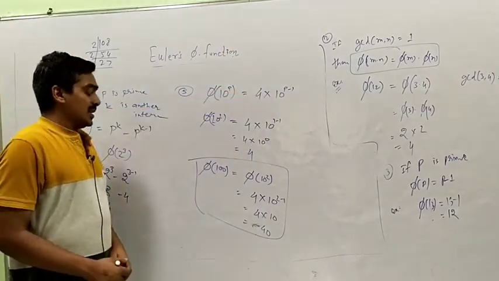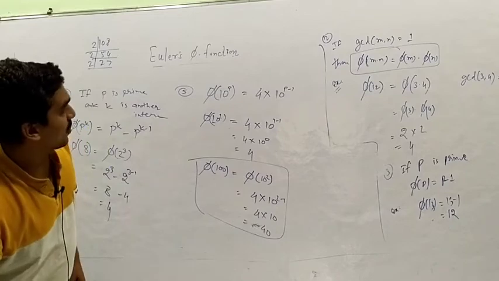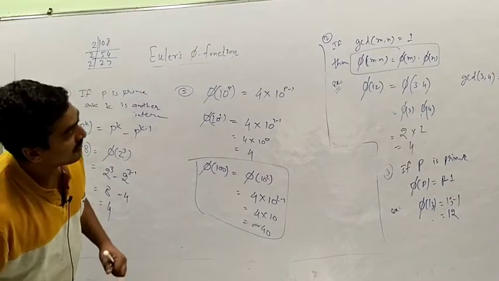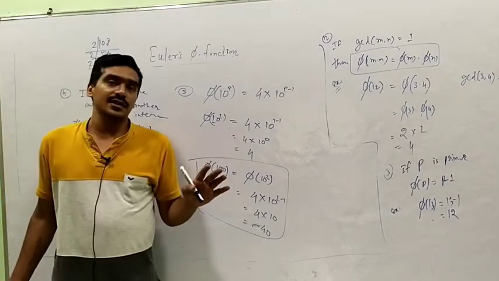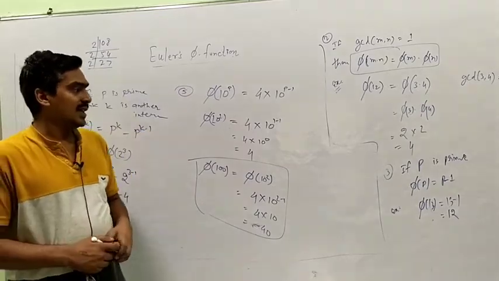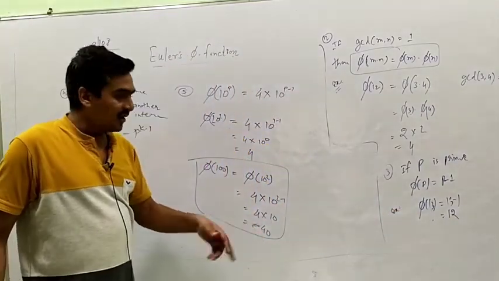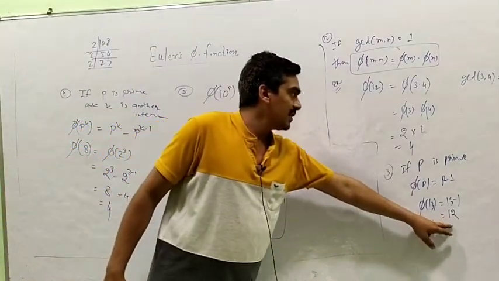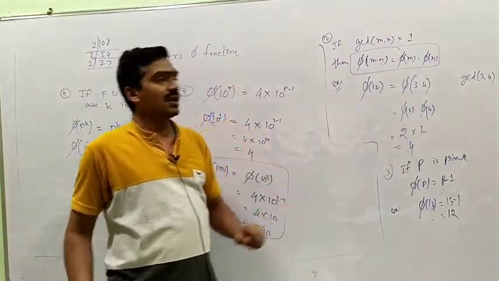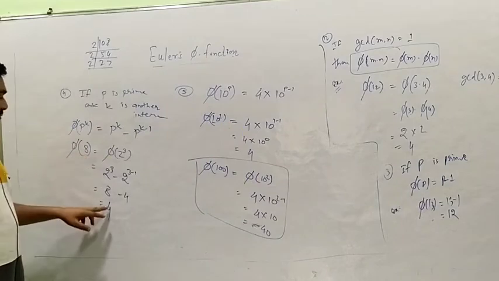And the next very important property is that the phi function is always even. You can see all the values of phi functions are even numbers: 40 even, 4 even, 12 even, 4 even.